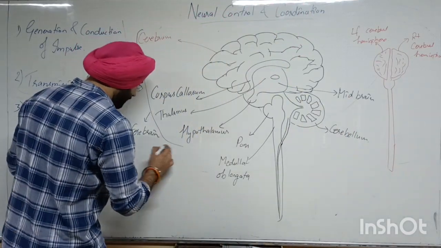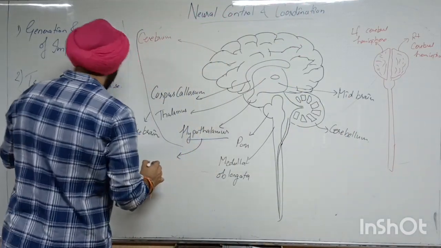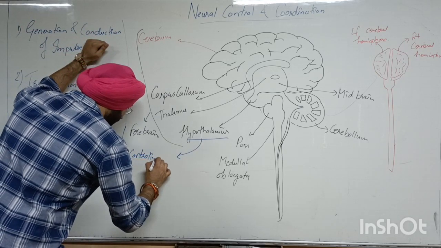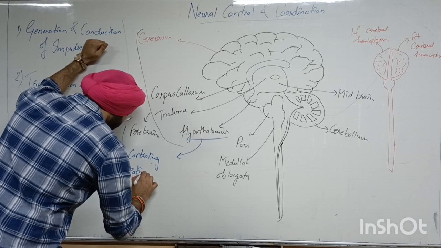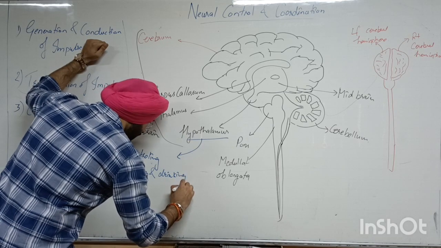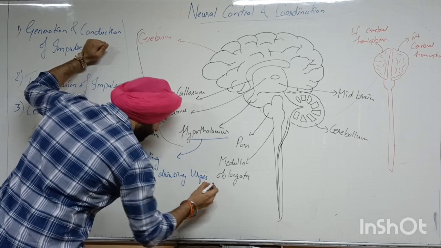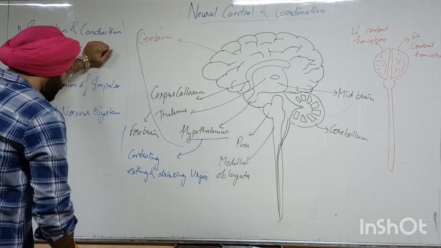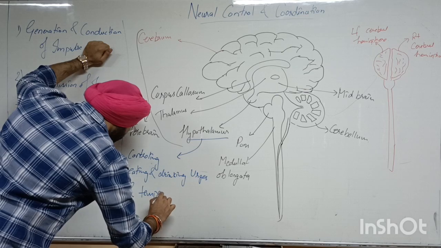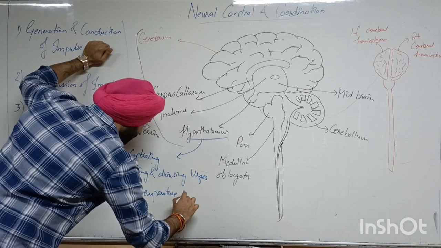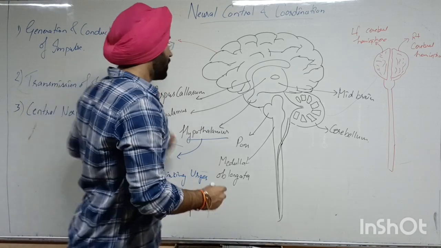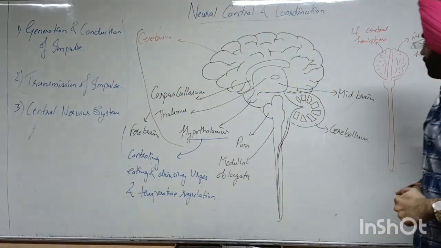So here I am writing: hypothalamus is controlling eating and drinking urges and temperature regulation. So now you have understood. Let's come over to the midbrain part.